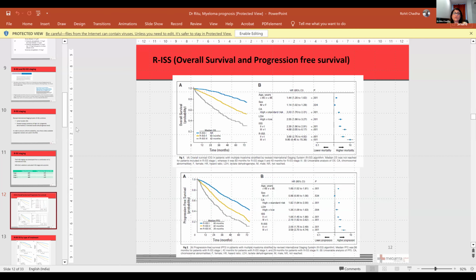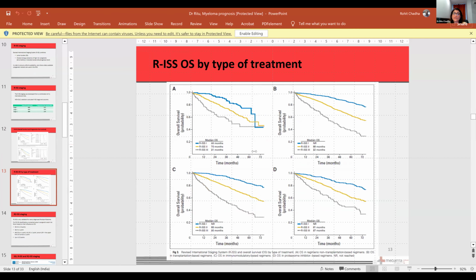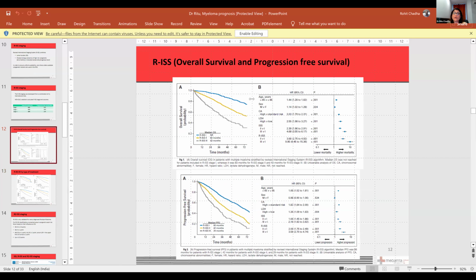So these are the overall survival and progression-free survival curves, again done on the patients in the three stages, stage 1, 2, and 3. The overall survival was 83 months and 43 months, and for progression-free survival, it was 66, 42, and 29 months for each stage.